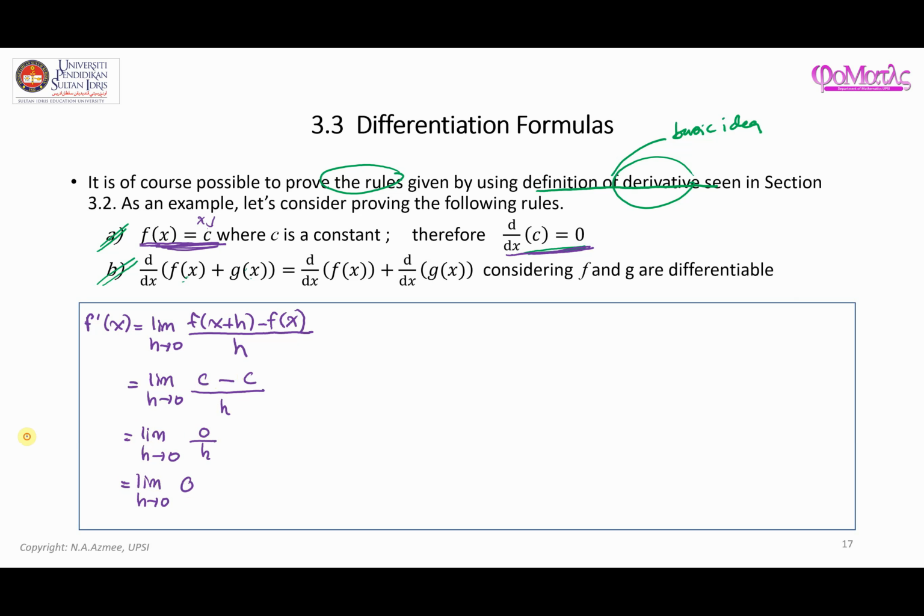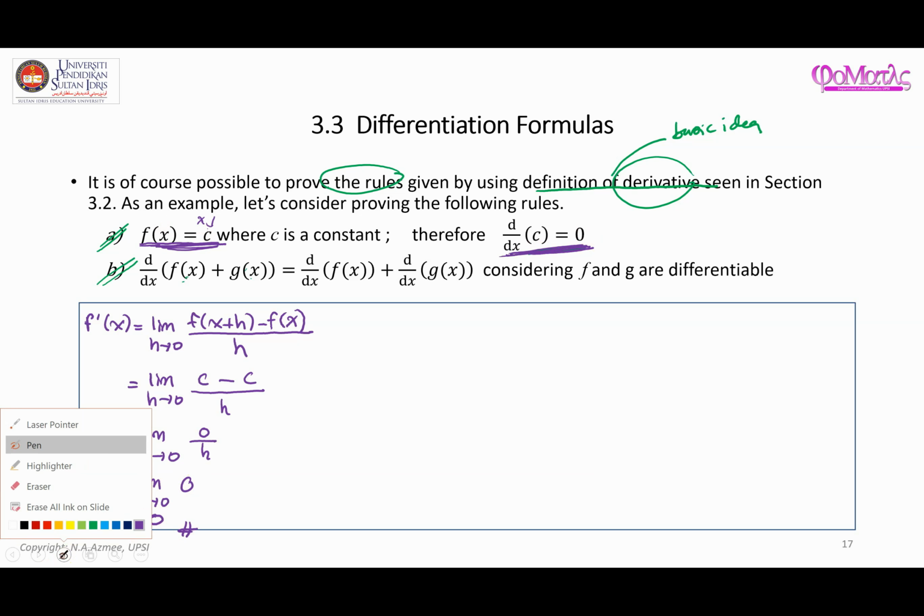From the law of limit, if you can't recall, you can always go back to it, we know that the limit of a constant, and 0 is a constant here, is equal to the constant itself. So the answer is going to be equal to 0. So there you go, this is the derivative of the function f(x) equals c. That's why the answer you get over here is 0.